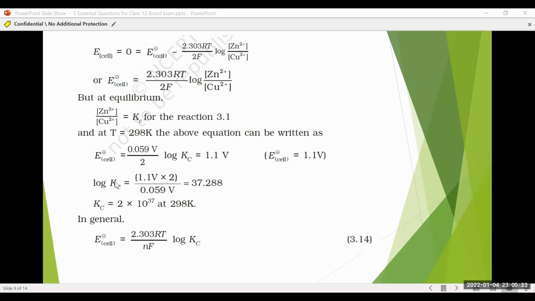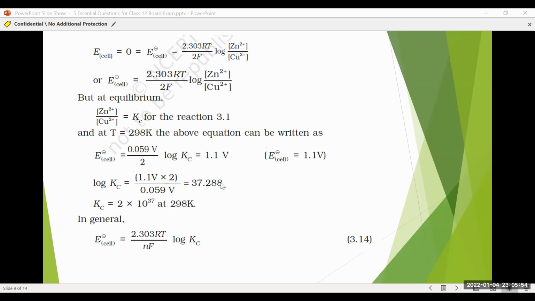To find numerically Kc value, take anti-log of 37.288. When we take the anti-log, the number which is before the decimal goes into the power, that is 10 raised to power 37. The number which is after decimal, we will take only one number as 2.